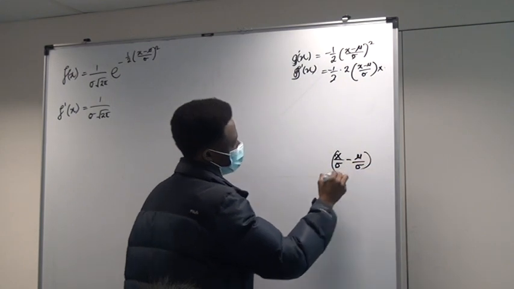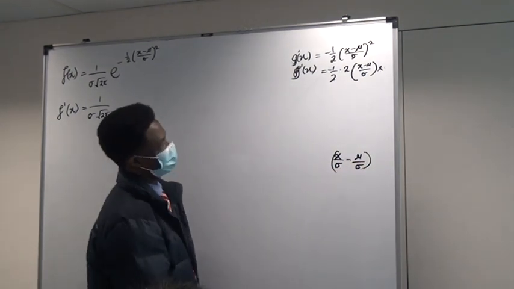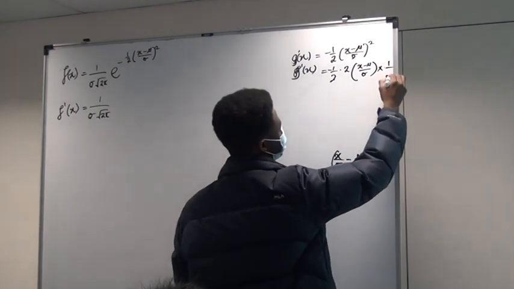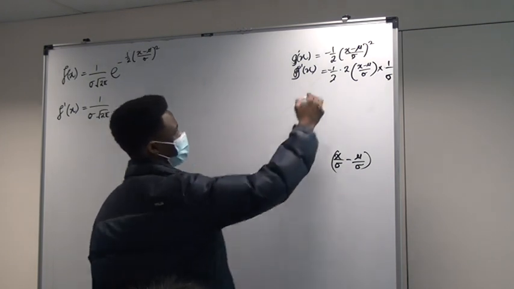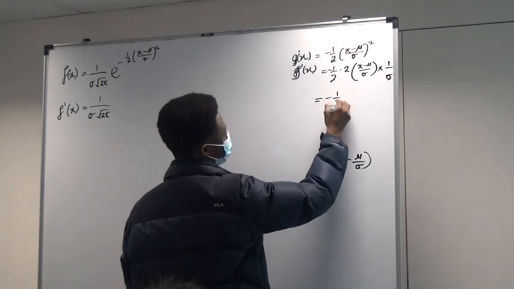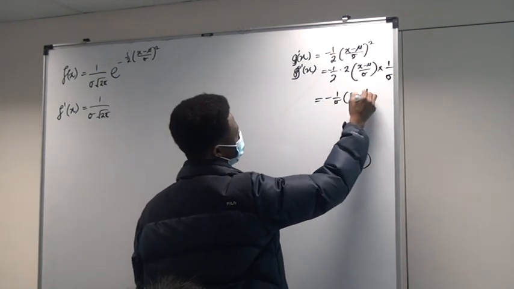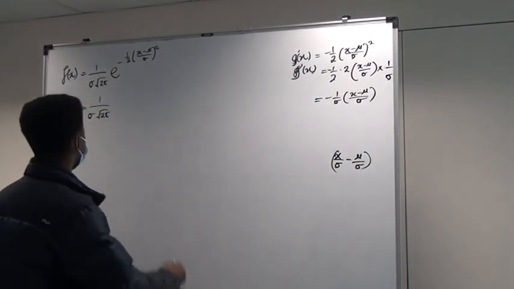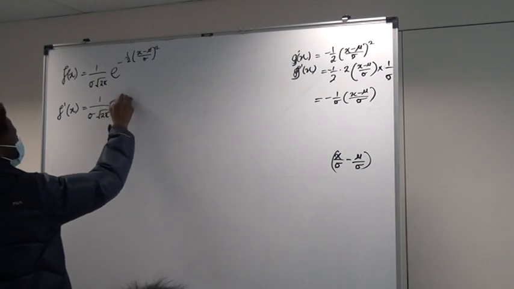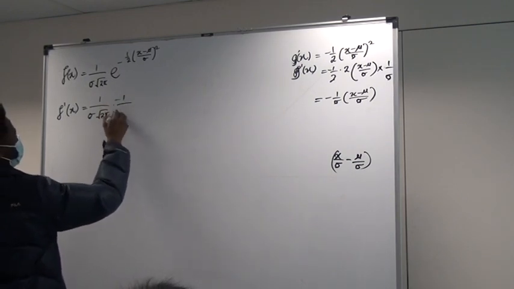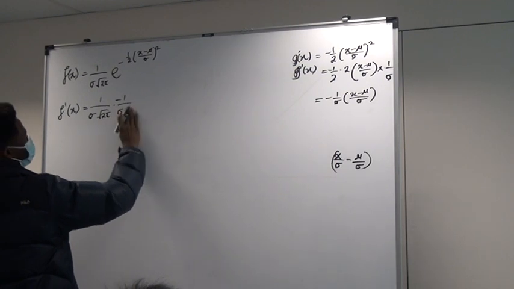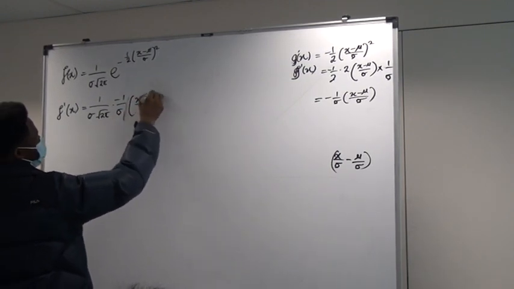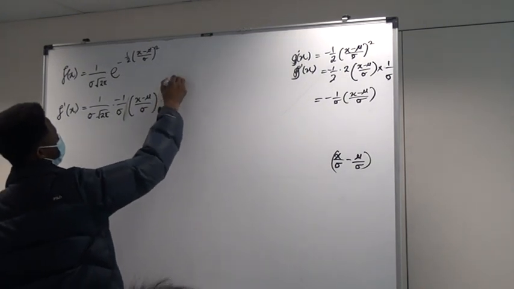Do you agree? That's the bracket. So when you differentiate the bracket, what do you get? 1 over sigma. So basically, this is simply minus 1 over sigma times x minus mu divided by sigma as well. Does that make sense? Let me know if I've made any mistake. Then the same thing, right?